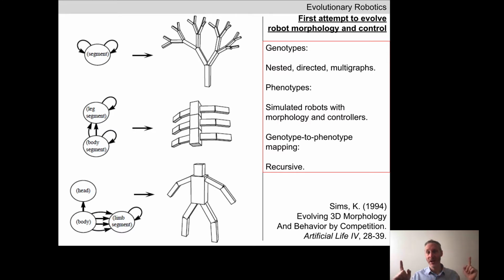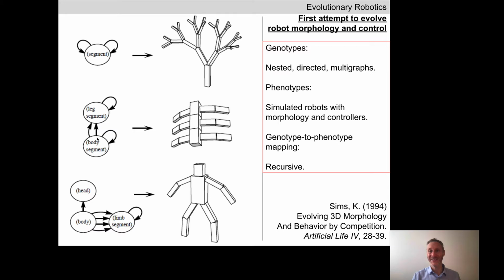You can use a vector or a matrix, which most of you are using. We've looked at genetic programming, which encodes genotypes as trees. Today, we're going to look at genotypes which are encoded as nested directed multigraphs, and I'll unpack the adjectives here as we go. For now, the operative word here is a graph.